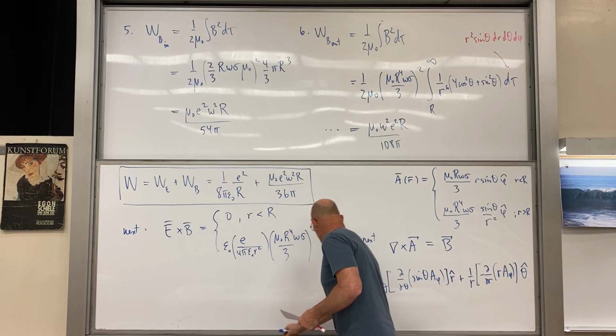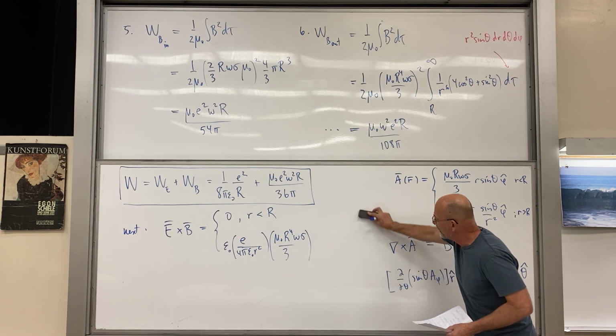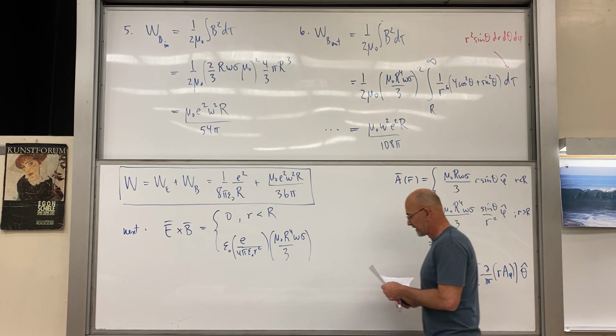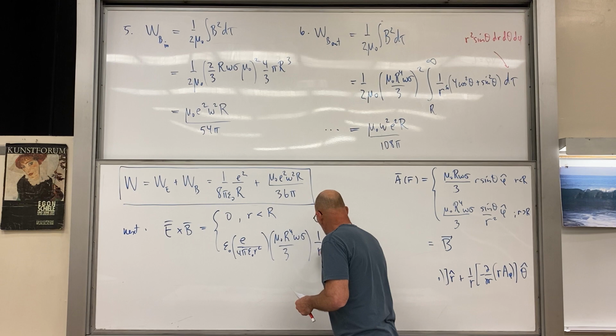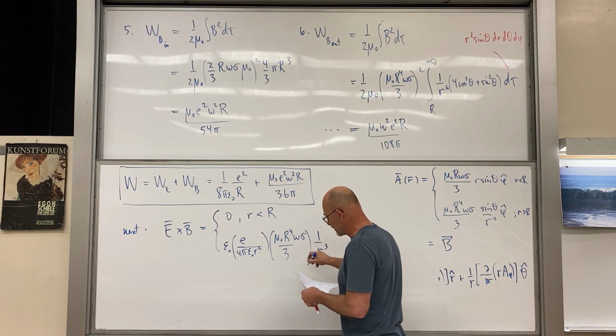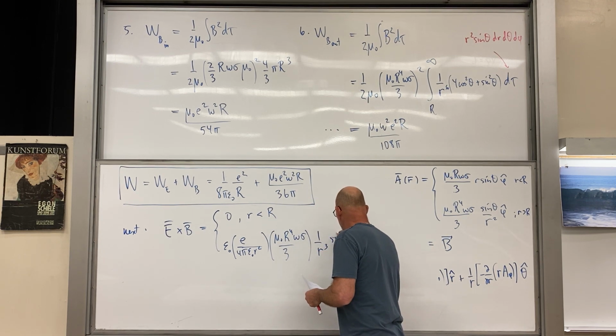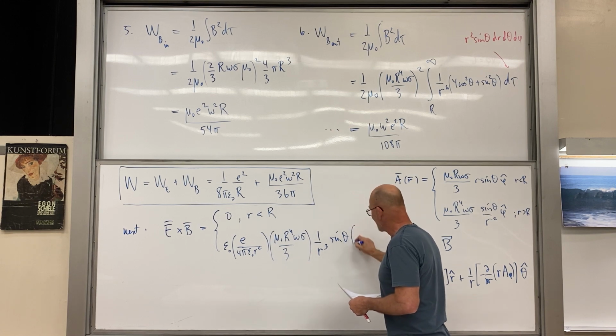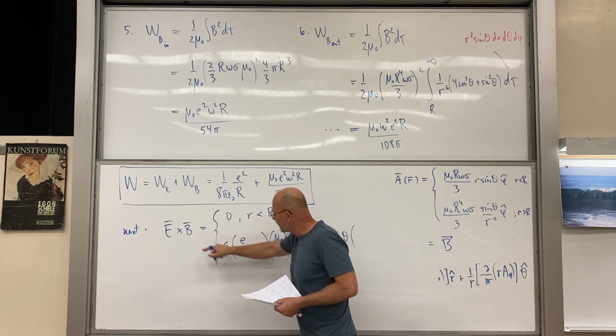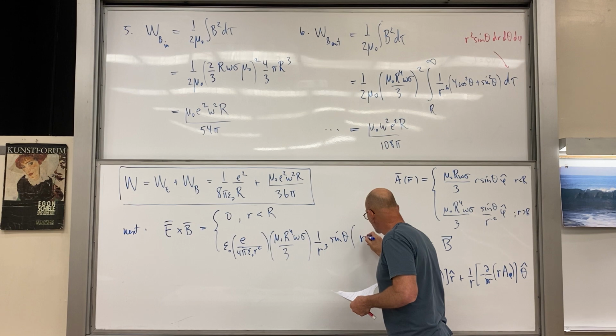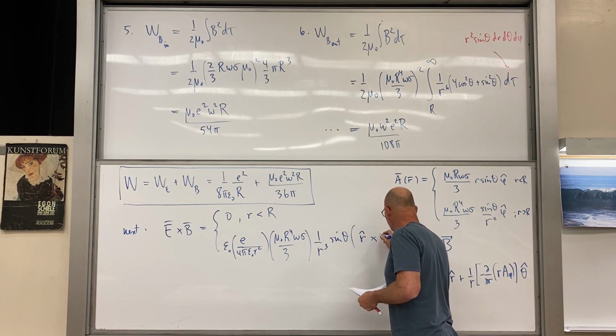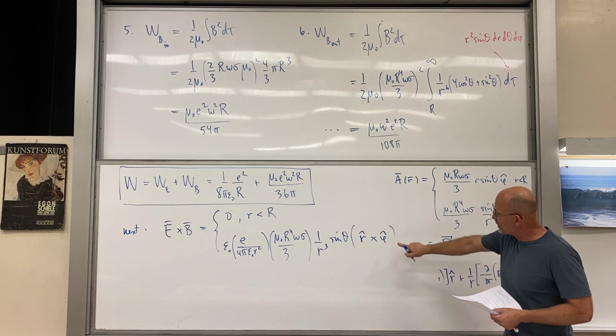Recognize, and we had the 1 over r cubed, that went with this one here, sine theta, and then since it's a cross product, it's just the cross product of r hat cross phi hat. Those were our two proportionalities, right?